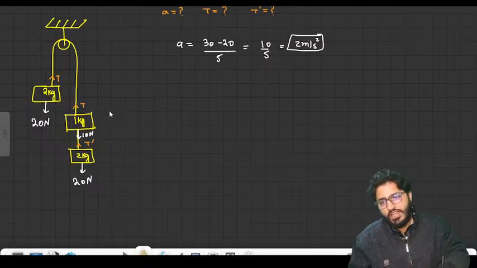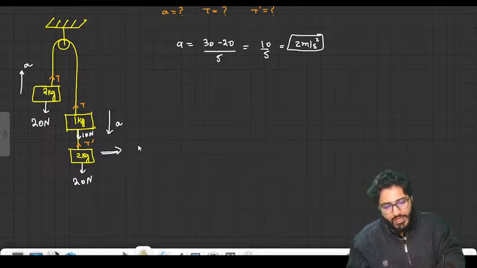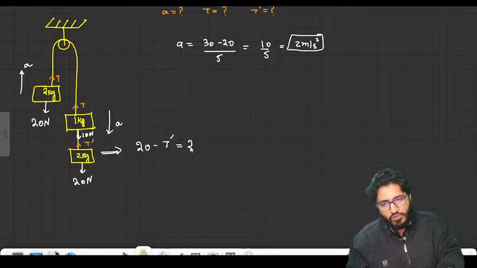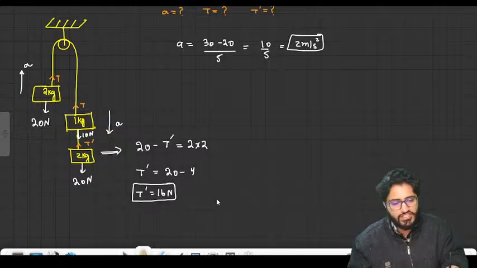So this acceleration is downwards and this will be upwards. Take this one now. I can write 20 minus T dash, mass is 2, acceleration is 2. 2 times 2 is 4, so T dash came out to be 20 minus 4, which is 16 Newton.